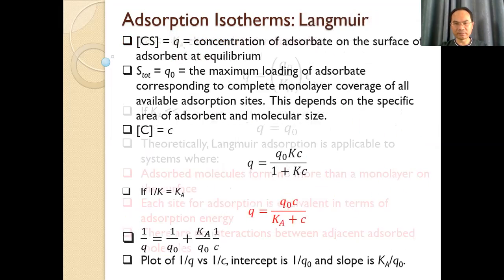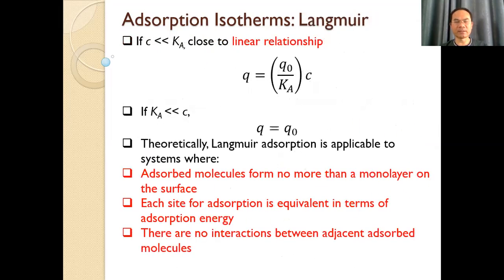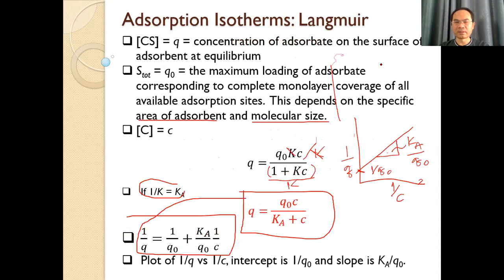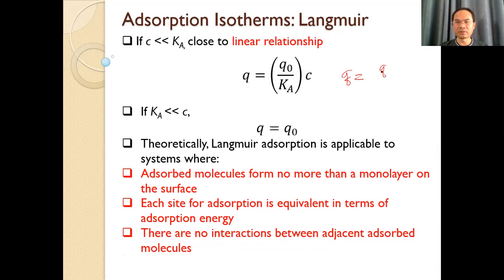How about the Langmuir isotherm? If C is very, very small compared to Ka, from the previous equation Q equals Q0 C divided by Ka plus C, you can cancel the C term in the denominator.